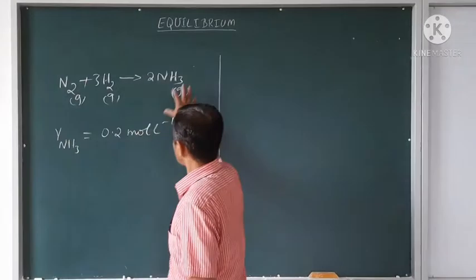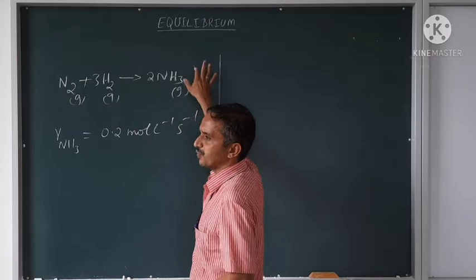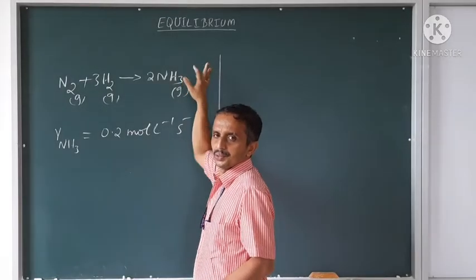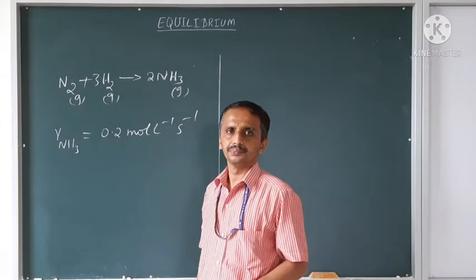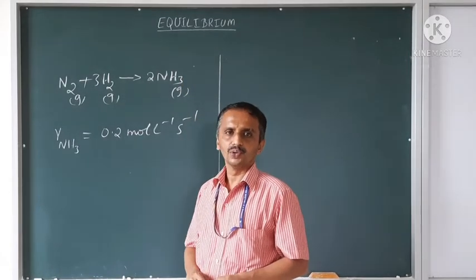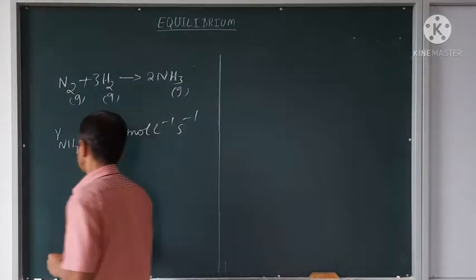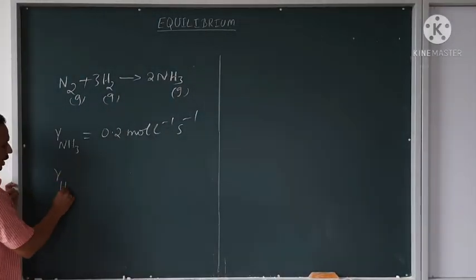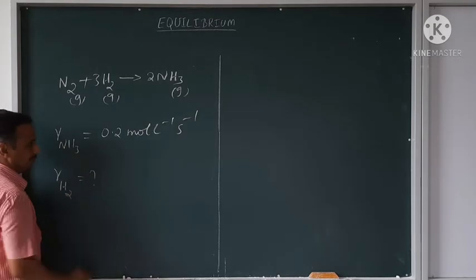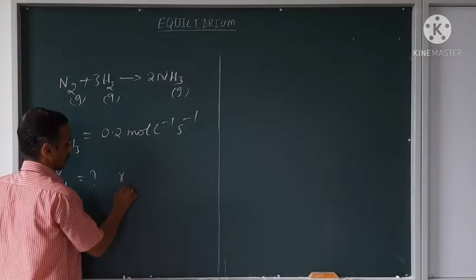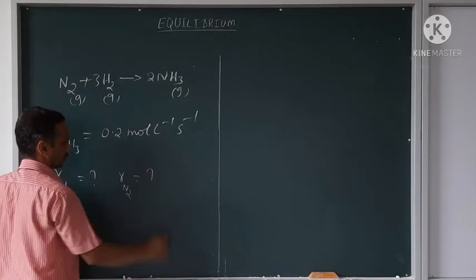He has given the rate with respect to the formation of ammonia. Calculate rate with respect to hydrogen and nitrogen. He has asked what is the rate with respect to hydrogen, what is the rate with respect to nitrogen.